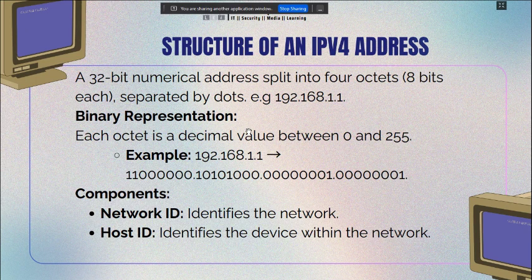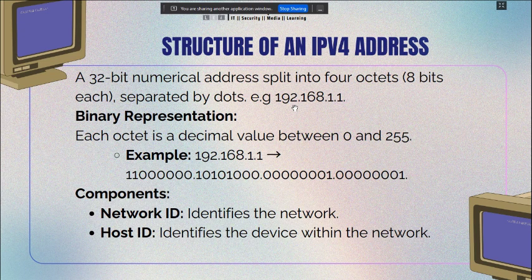The way IP addresses are represented is that each octet is a decimal value between 0 and 255. Each octet, that is in between all these places where you have your dot, ranges from 0 to 255.